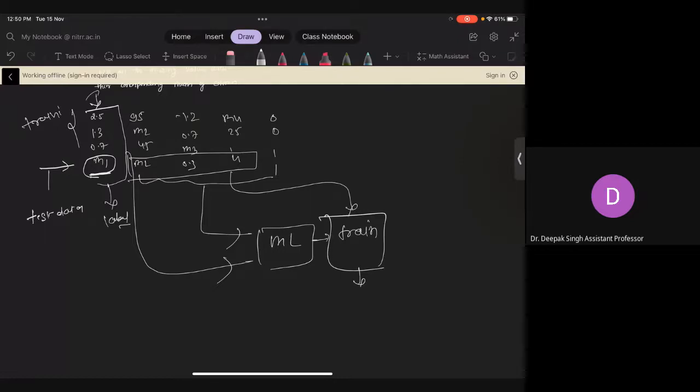Suppose it generates 2.5. Just take this 2.5 and replace this m1. Clear? This is the first step of iteration 1.